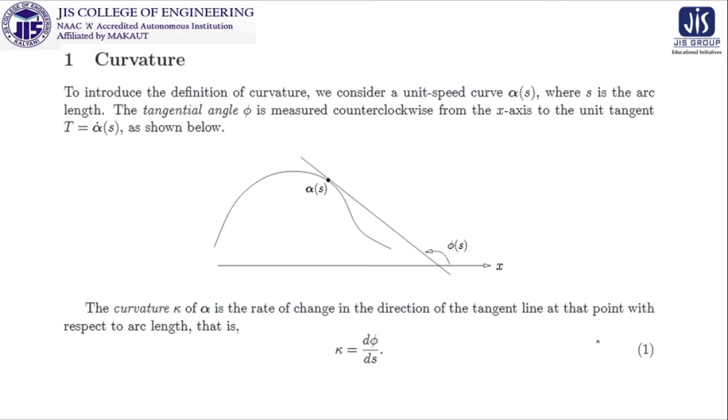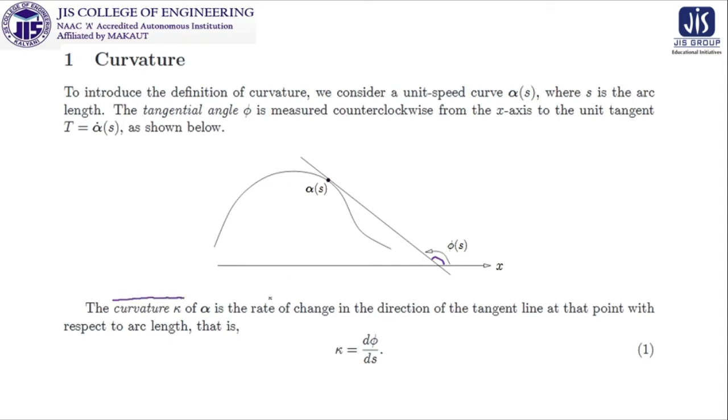It is measured in the counterclockwise direction from the x-axis to the unit tangent T equal to alpha dot(s), as shown below. Okay, so look at this. This is the angle created, and obviously this is the anticlockwise direction, and it is the tangent at the point here. The curvature k, now we are defining it.